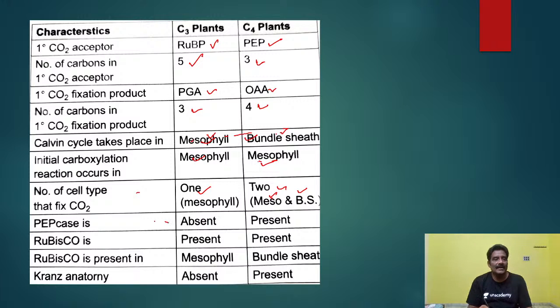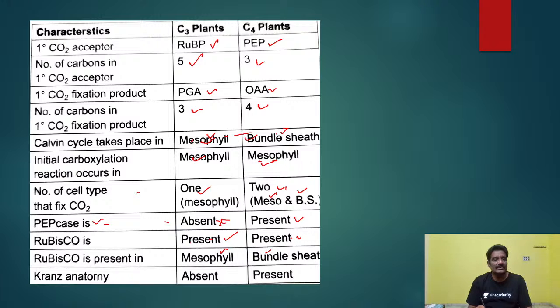Also, PEP carboxylase is absent in C3 plants. There is no PEP in C3 plants. Here it is not present; in C4, PEP is present. The Rubisco enzyme is present in C3 plants, and in C4 plants Rubisco is present in the bundle sheath cell.